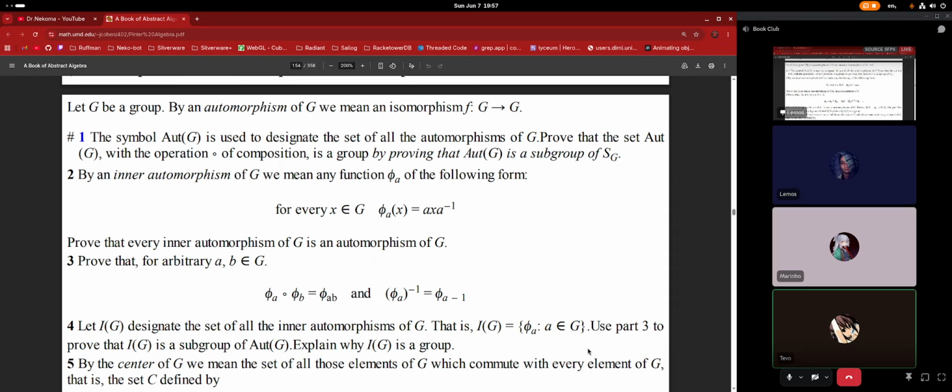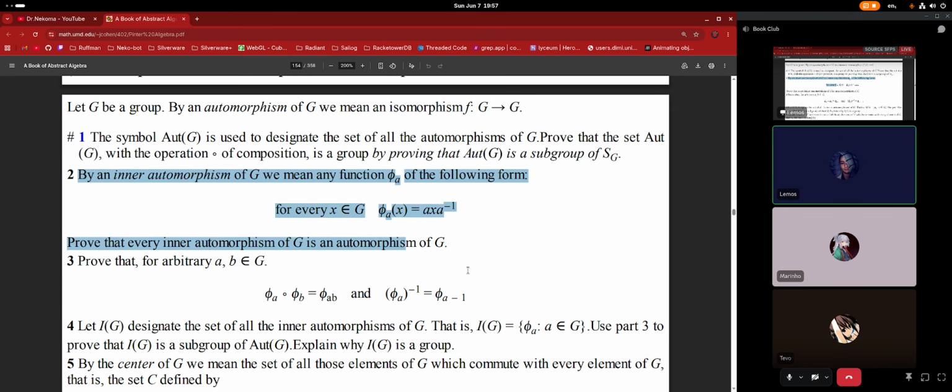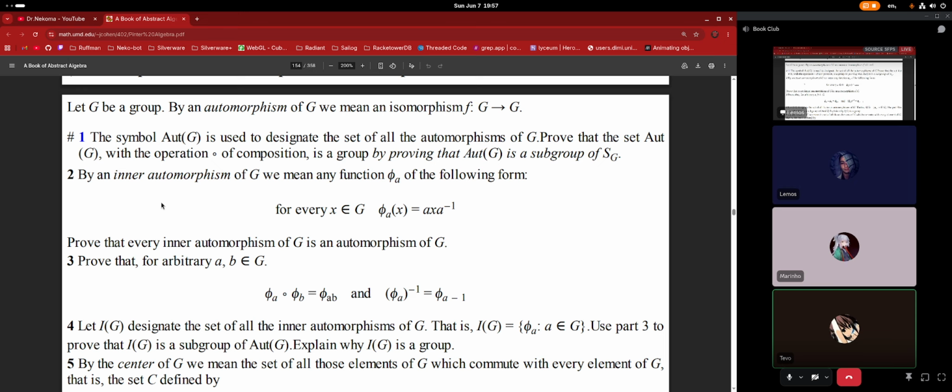The elements are phi A X. Yeah, that's why I think this is not that easy actually. There is some catch with the operation, which is composition.